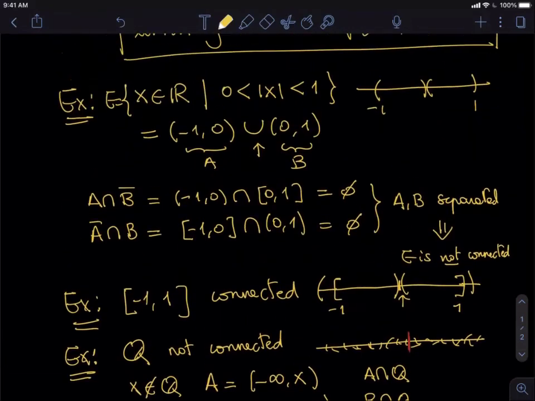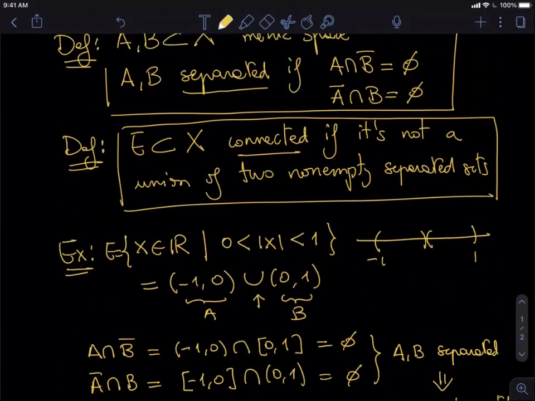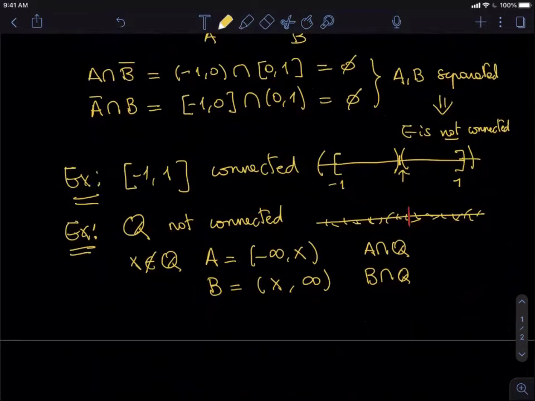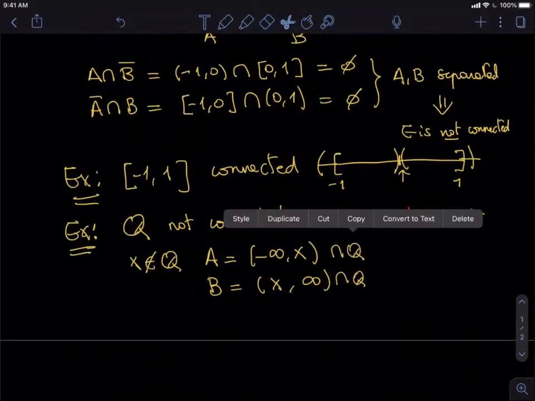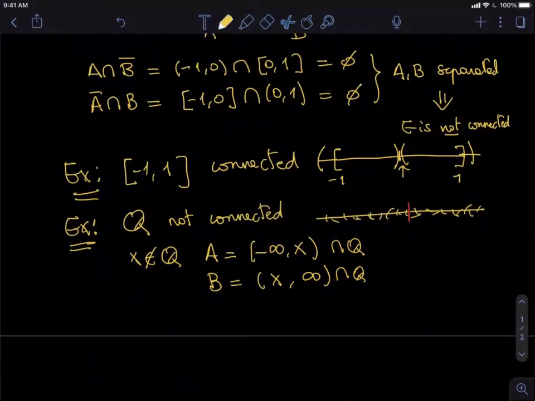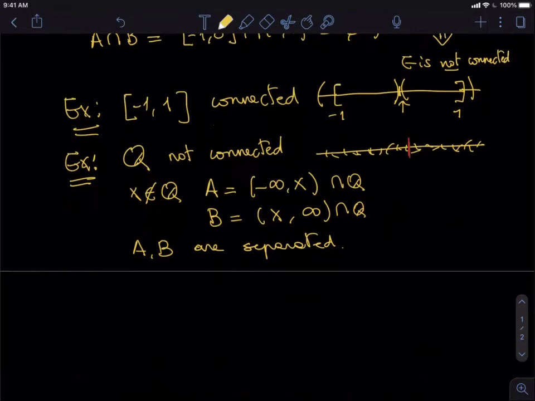Just to keep the notation as we had it, we can right away just take the intersection like this and show that A and B are separated. So with this we show that Q is not connected.